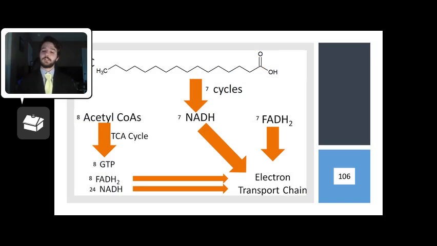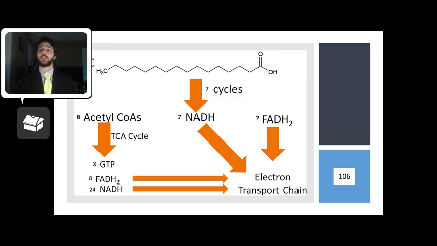So now let's go on to our palmitic acid, a 16 carbon chain fatty acid. First, we go through 7 cycles of beta oxidation. That's 7 cycles of beta oxidation that will create 8 acetyl-CoA molecules along with 7 NADH and 7 FADH2.